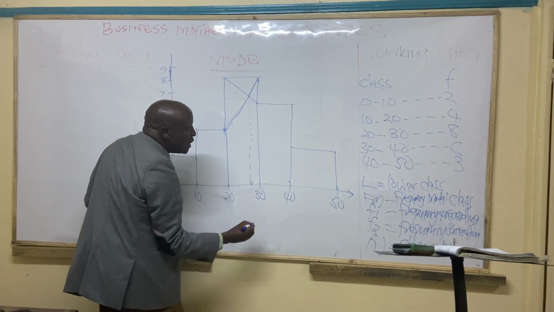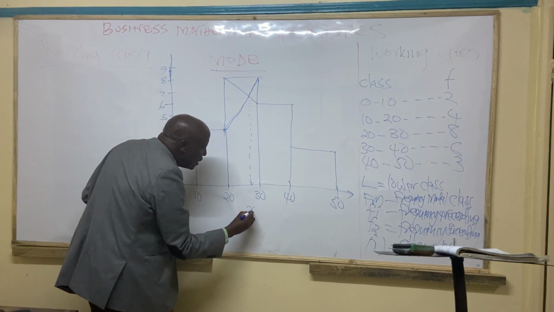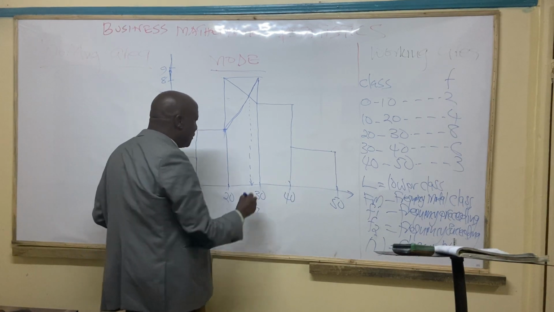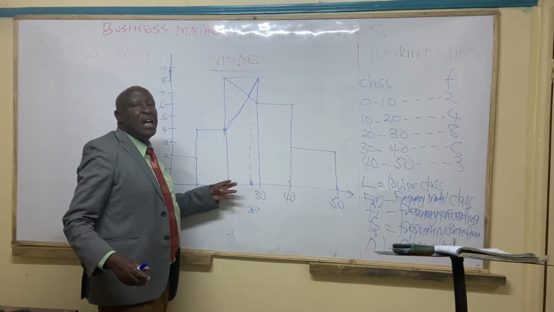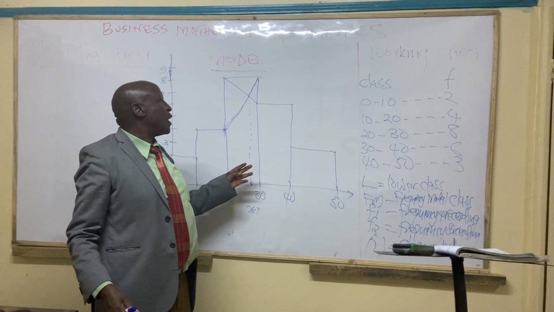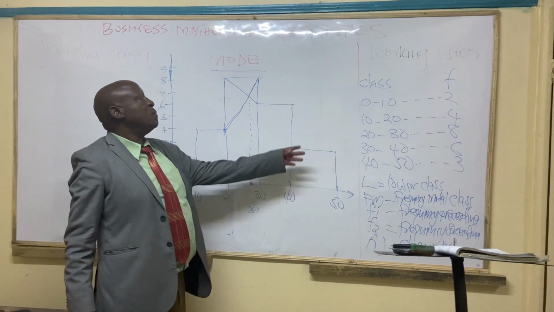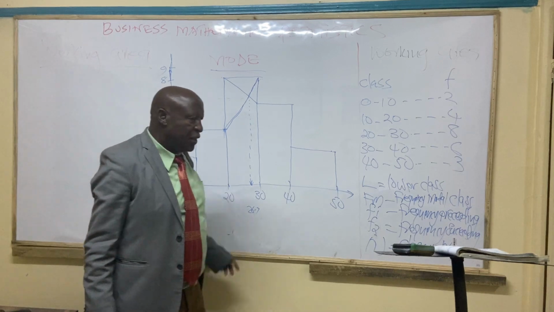So here it is roughly 26.7, you see here. So we have used our histogram to find the mode from the given data. That done.